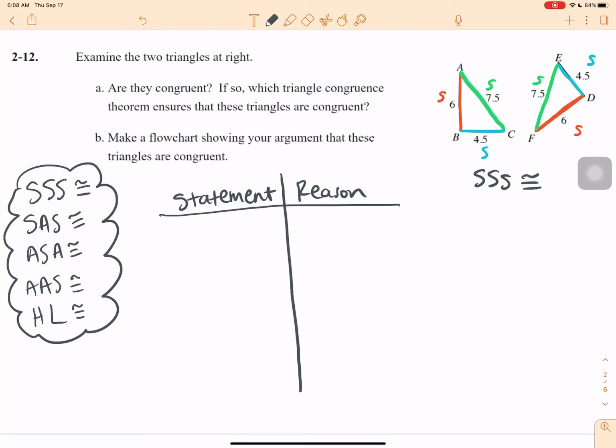Okay, so we have 3 statements to make here because there's 3 parts, whereas like with HL it'd only be 2 parts here, right? So for the statement here, the first, second, I just like to put numbers here to keep them organized. So then you know which reason goes with which statement for sure. So our first statement can be that first side that we marked.